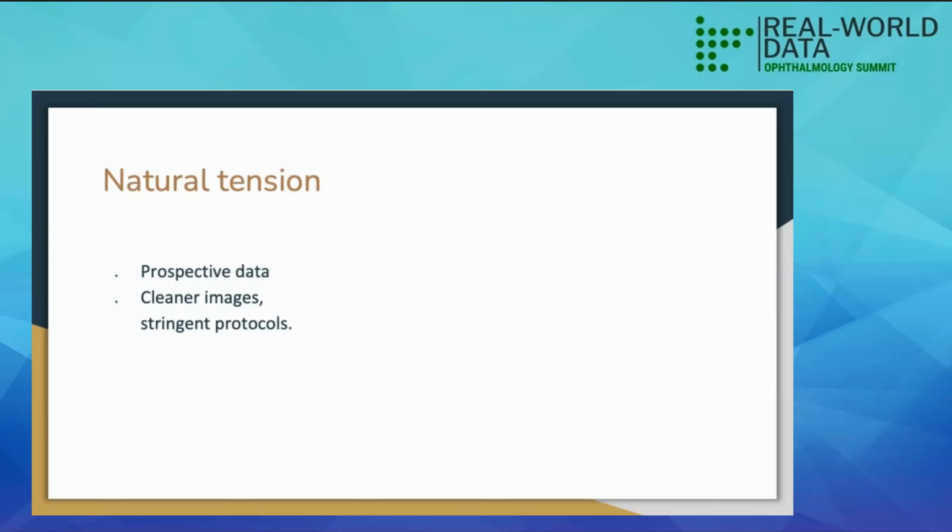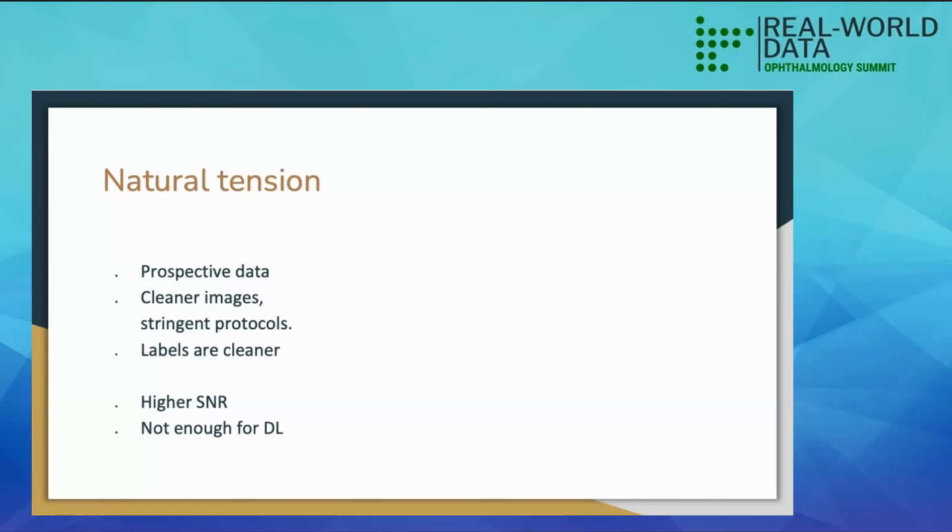Often there may even be image quality checks where the photographer has to make sure that the images are in focus and have an appropriate signal to noise ratio before they're accepted into the data set. The labels attached to these images are often very clean and accurate. And so this leads to a data set that usually has a higher signal to noise ratio.